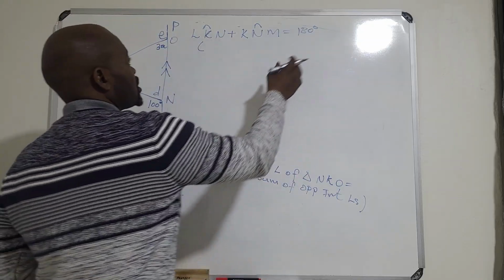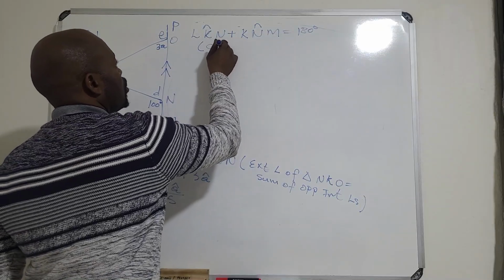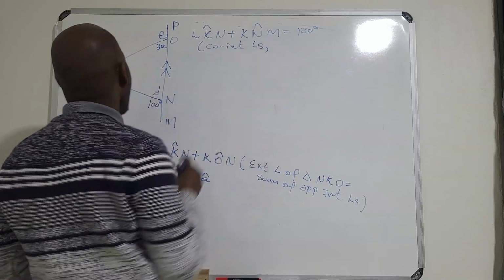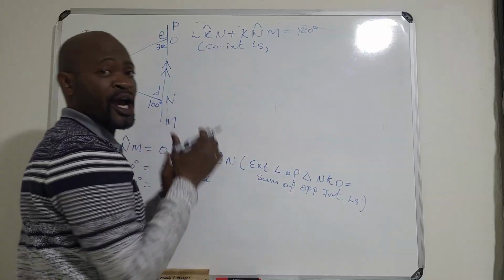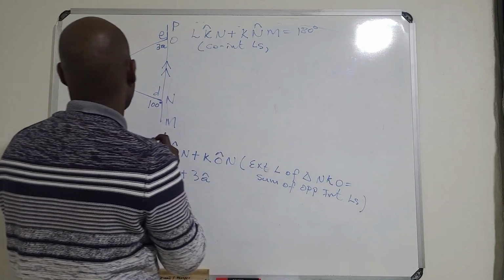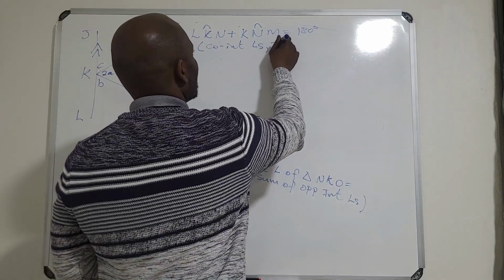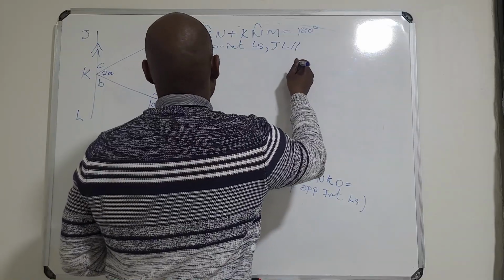Obviously, our reason, because I'm going to put it here, was going to be co-interior angles. Why are they co-interior angles? Because in a U shape, we're talking about co-interior angles. Now, why are they co-interior angles? It is because JL is parallel to PN.